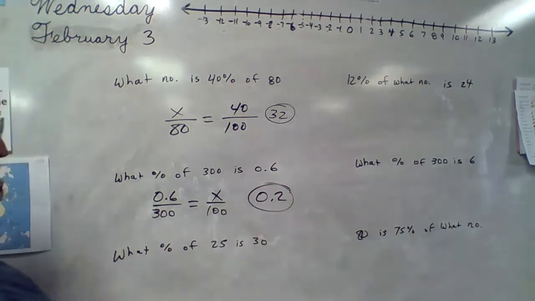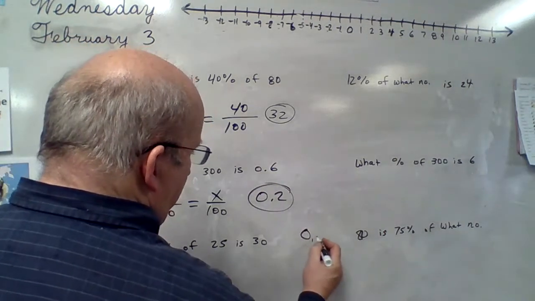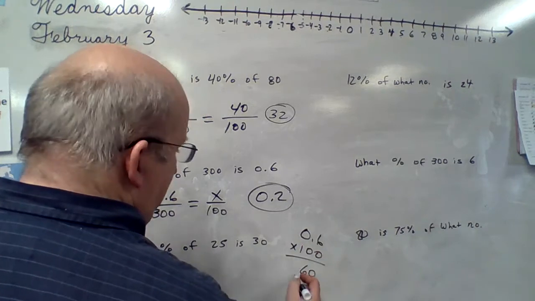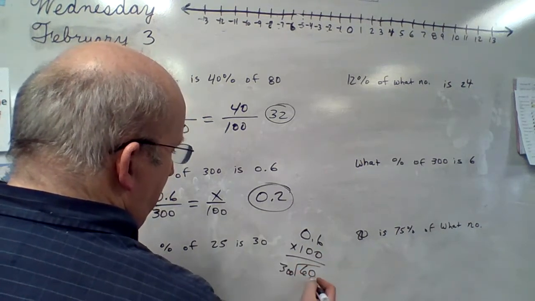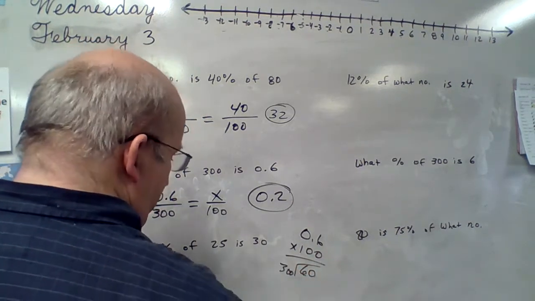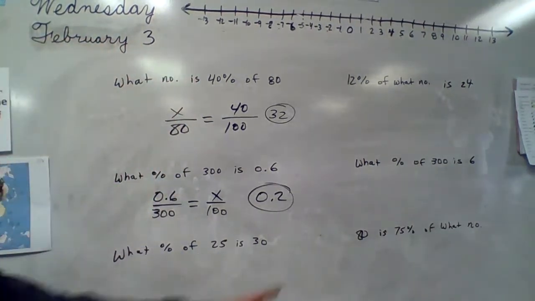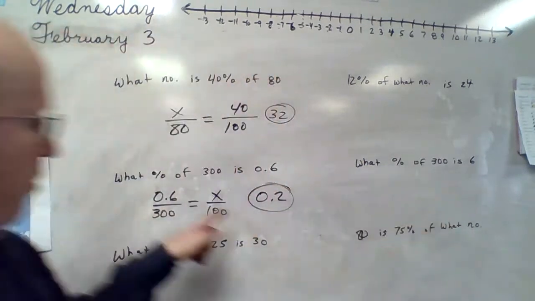Yep, 0.2. But let's double check. 0.6 times 100 is 60. 60 divided by 300. Yep, 0.2.